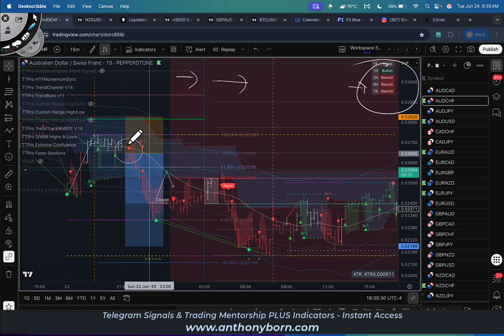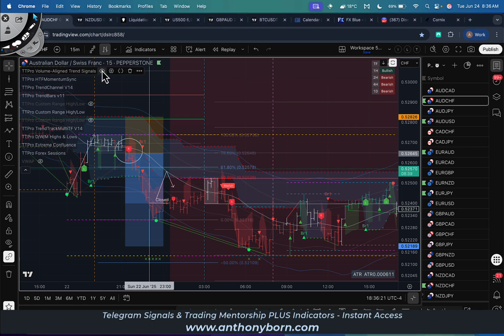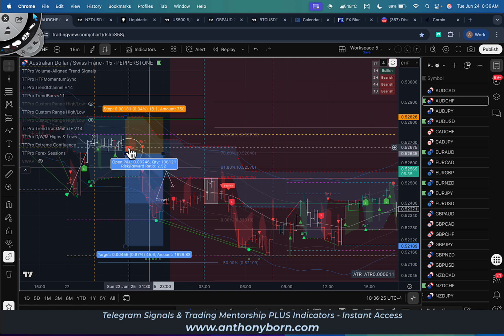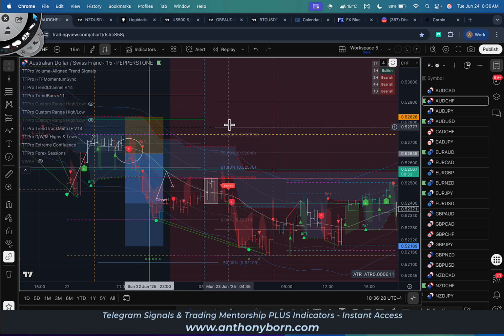But more importantly, I'm looking for the rotation when it pulls back. So this is the first signal that fires, and we're only looking for red signals. Given that this is bearish, we ignore any green ones. The second signal that fired that gave us confirmation is this one. Okay, that's different. They're calculated completely differently, these 2 signals, even though that was in the same spot. So that's confirmation to go short.